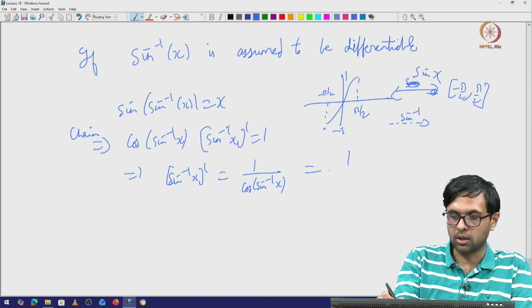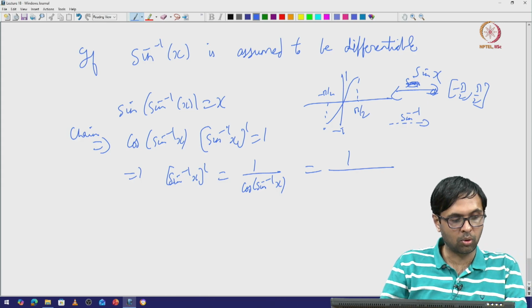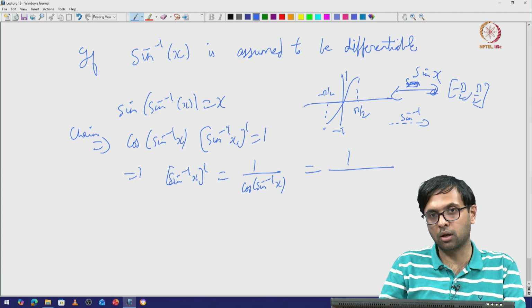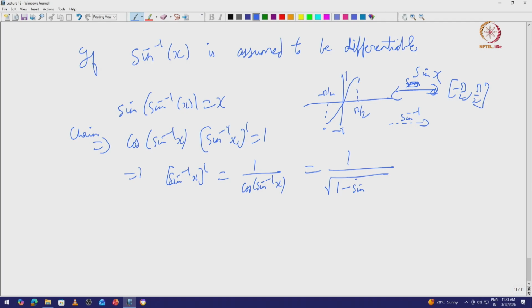What is cos of sine inverse of x, right? Well, suppose we are in the right region. Suppose it's sine inverse of x, and you want to say it's this, because sine of sine inverse is just x itself. You have to be a tad bit careful, because actually cos square something plus sine square something is 1, but cos can then be potentially plus minus of this, right?